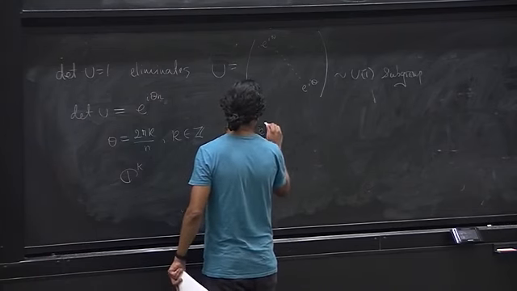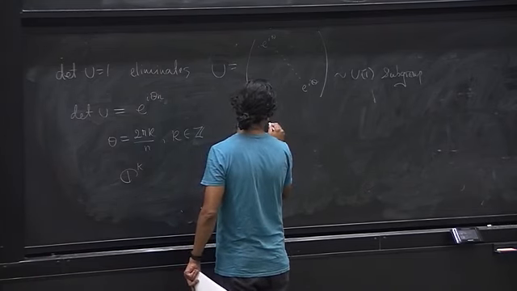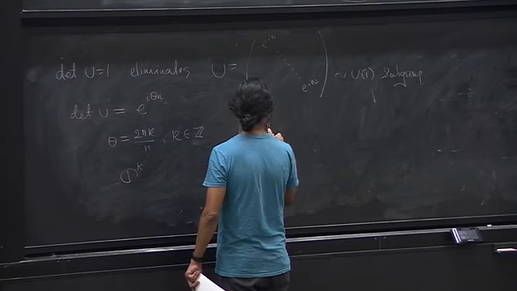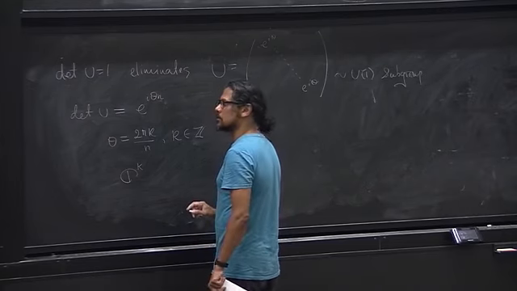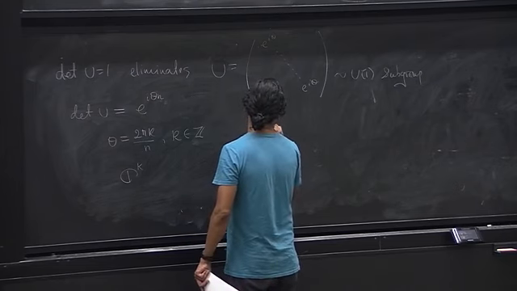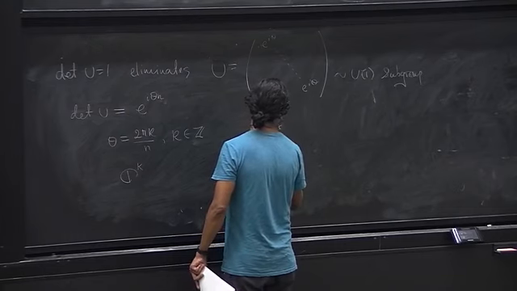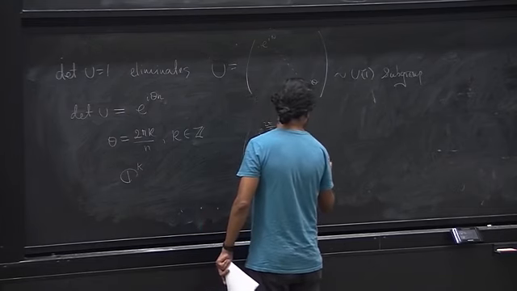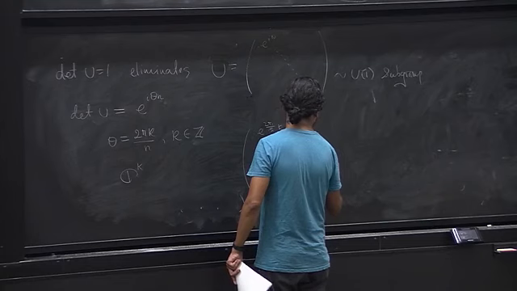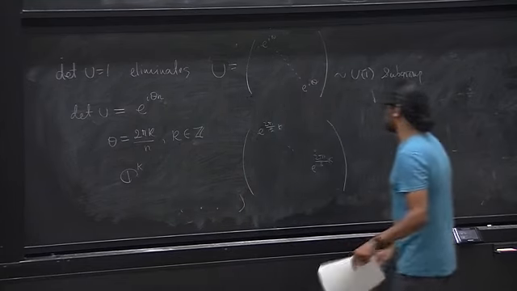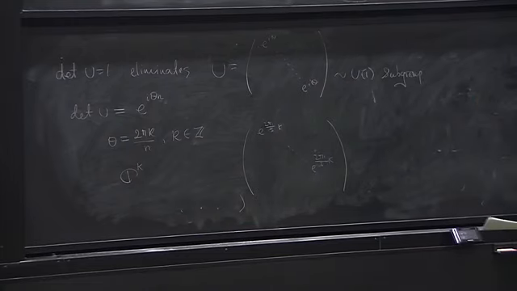For example, e to the 2 pi i k by 3 will generate, I think, C3, right?